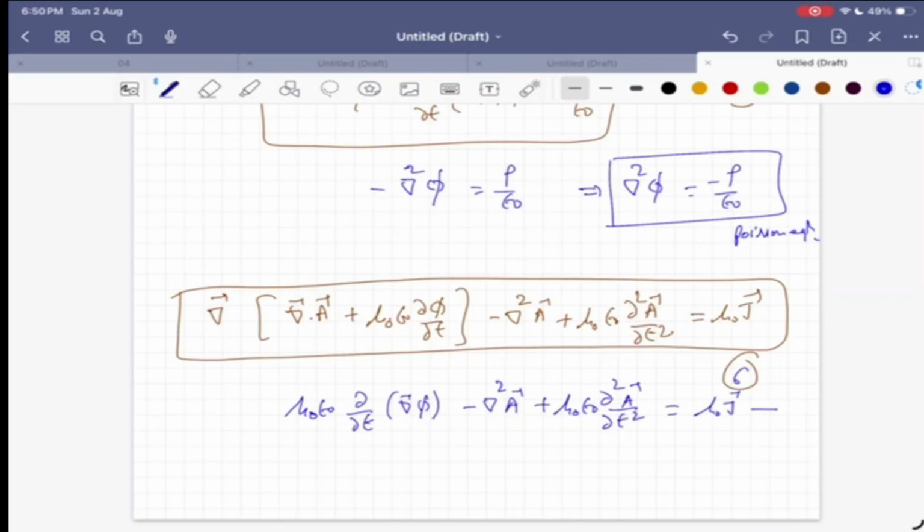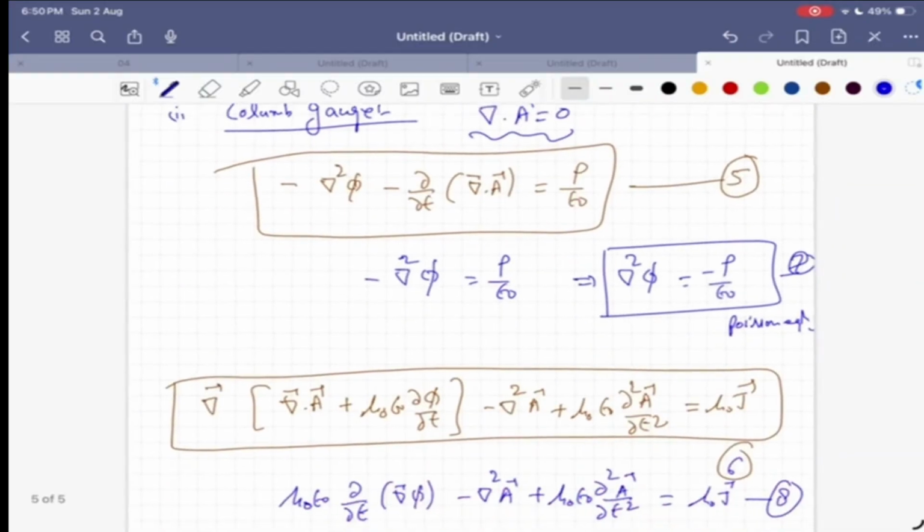So this is what the new equation becomes. Let's suppose this is 7, this is 8. So we can solve 7 and 8. 7 we already know the solution. Once we know phi, we can plug grad phi here, and in principle we can solve for A.